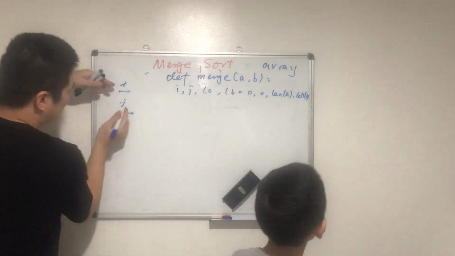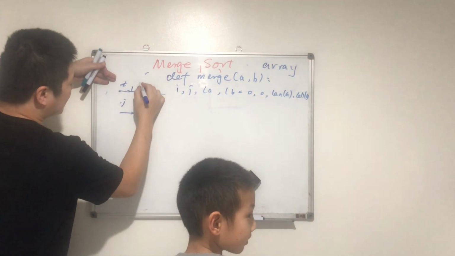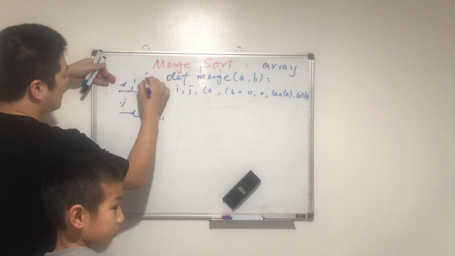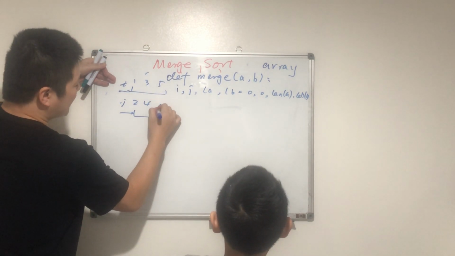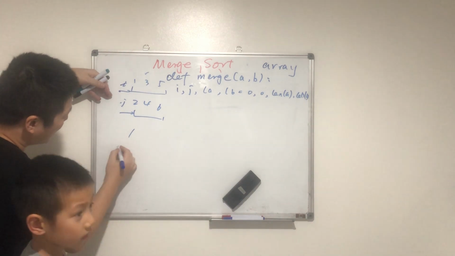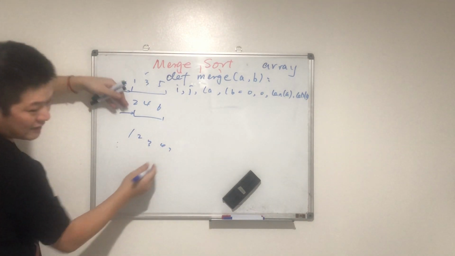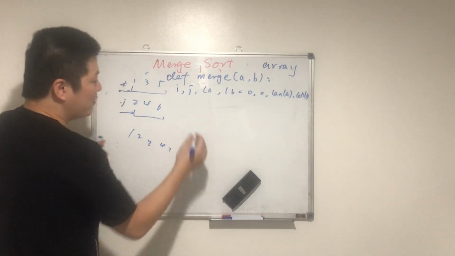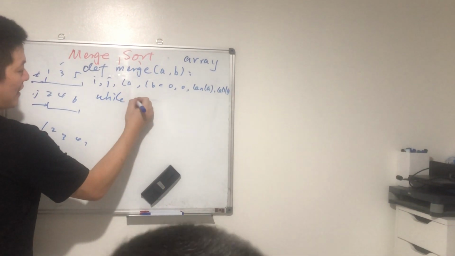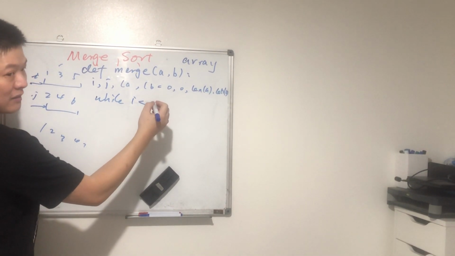So this is just two sorted lists: 1, 3, 5 and 2, 4, 6, and we want to put this into 1, 2, 3, 4, 5, 6.